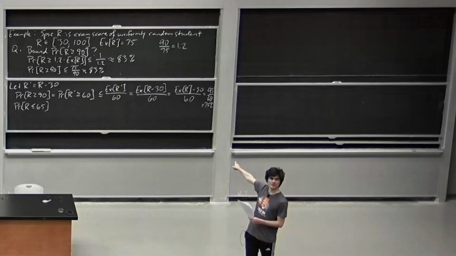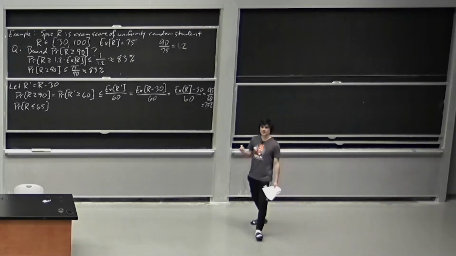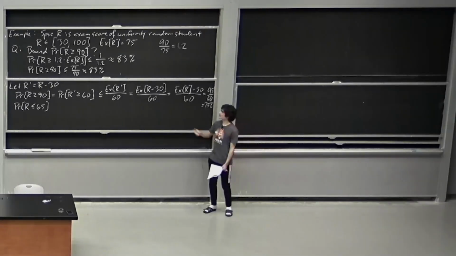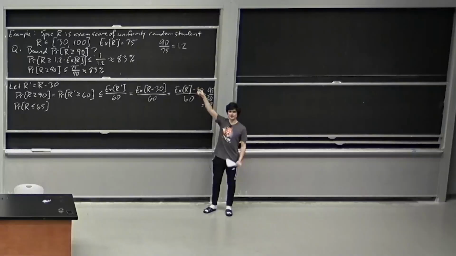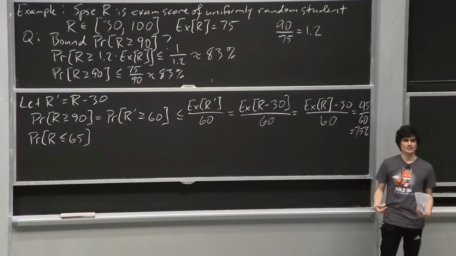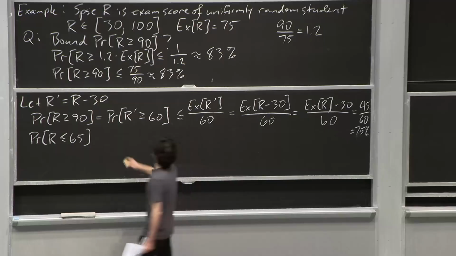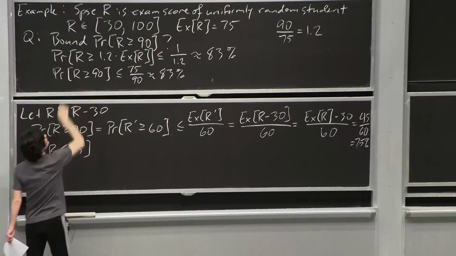So that's kind of what we're doing, right? The question was, in the proof of Markov, we're assuming that the lower bound is 0. Here we've got a lower bound of 30 instead. So do we need to do something more complicated? The answer is no, we don't have to. But if we do, it gives us a stronger result. So that's what we've done here. But we don't have to do it, because 0 is still a valid lower bound.